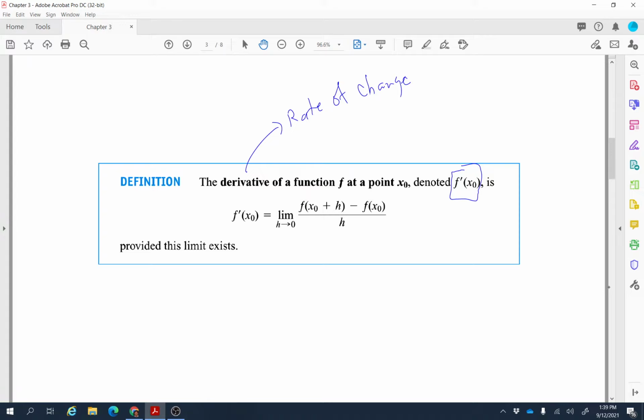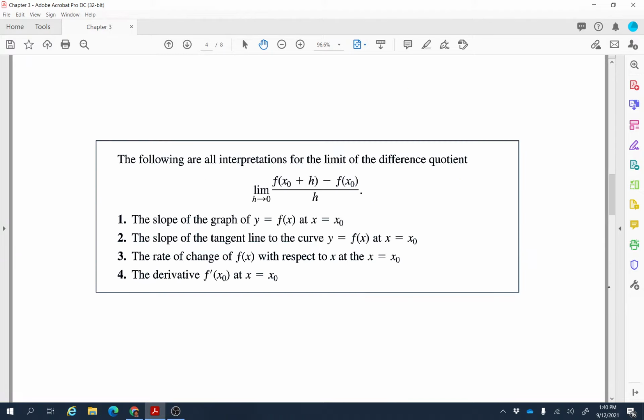That is actually slope of the tangent line at that point. So the derivative of a function f at point x0 is f prime at x0, and that is equal to the limit of this expression. So derivative means slope of the tangent line, and slope of the tangent line can be found by using this limit.